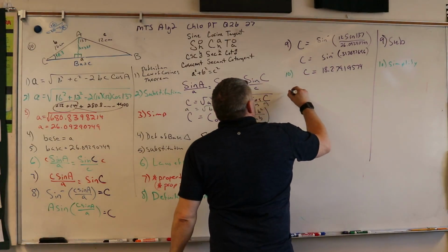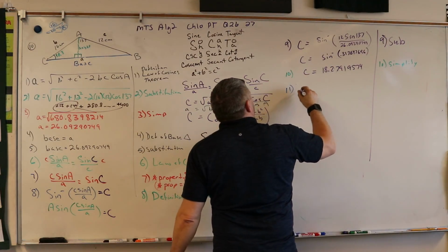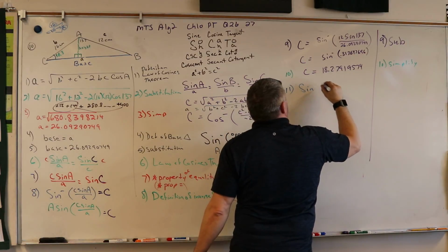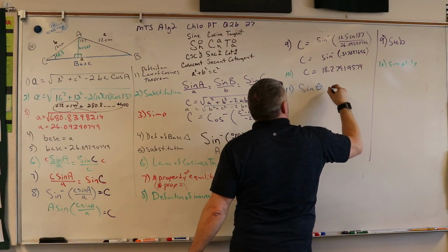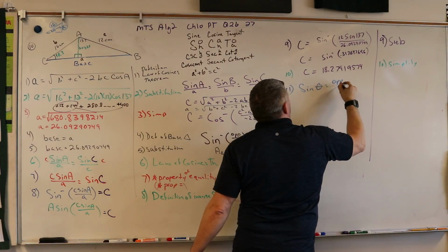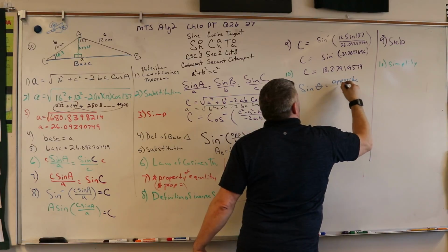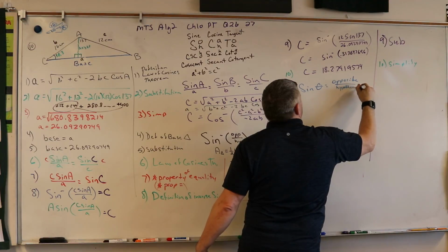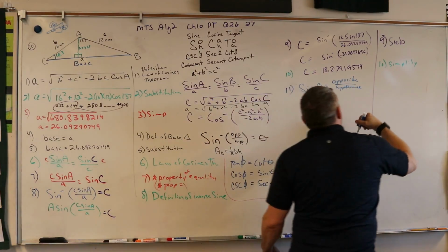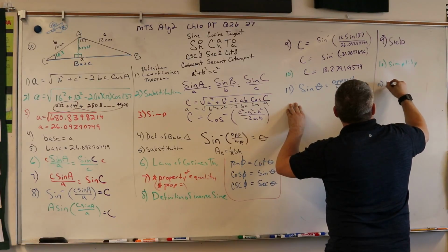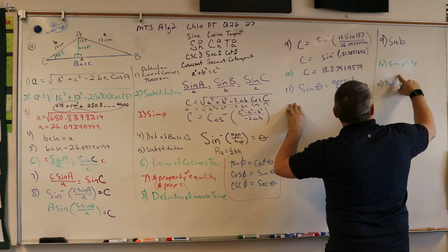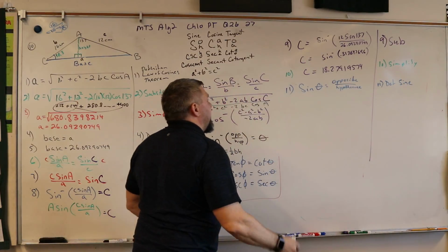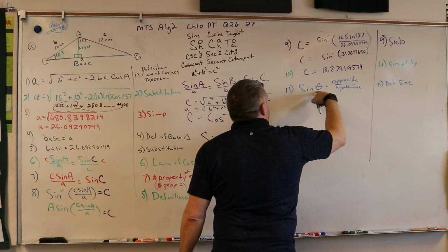So, sine of theta is equal to opposite over hypotenuse. Okay? And that is the definition of sine, right? Okay? And now I plug it in.